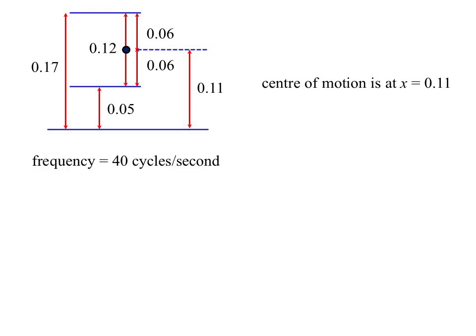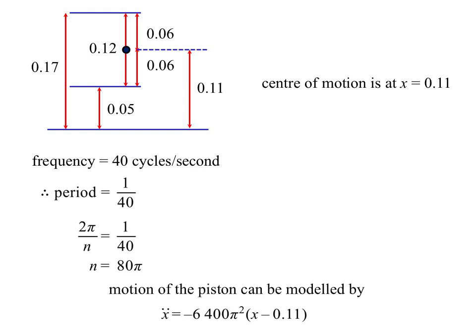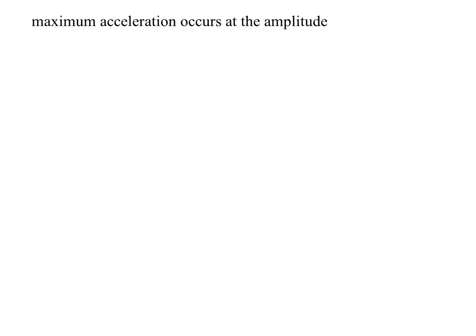They told me the frequency, but frequency is the reciprocal of period. So I now know the period, which allows me to find n. I've now got an expression for my simple harmonic motion. Acceleration will be minus n squared, 6,400 pi squared, times (x minus the centre of the motion, 0.11). Maximum acceleration we know will occur at the amplitude.